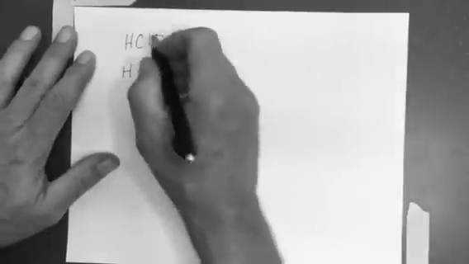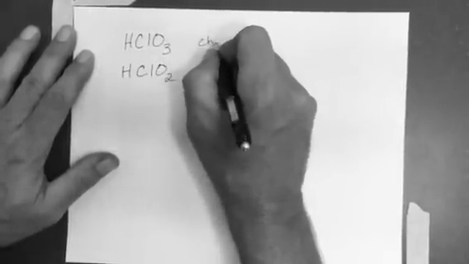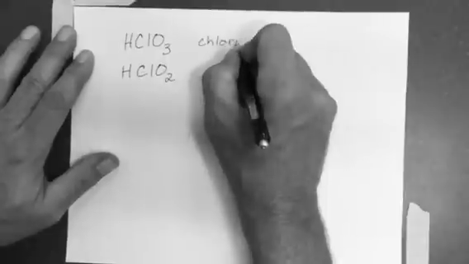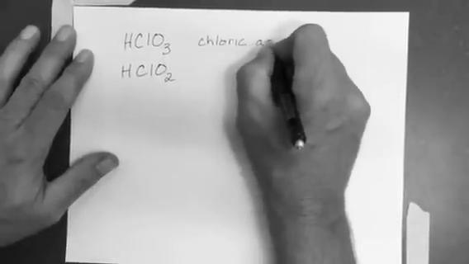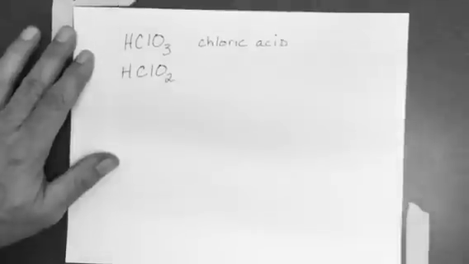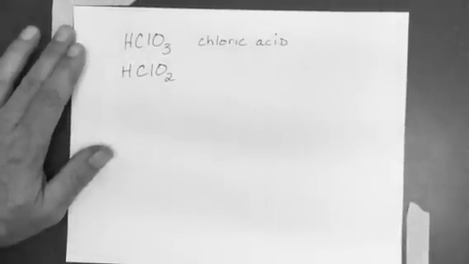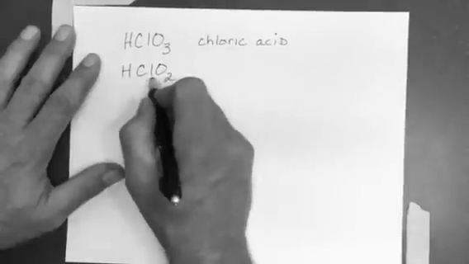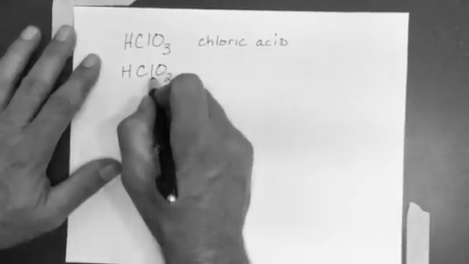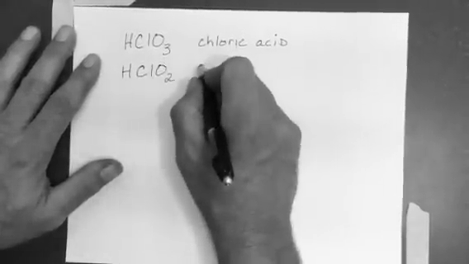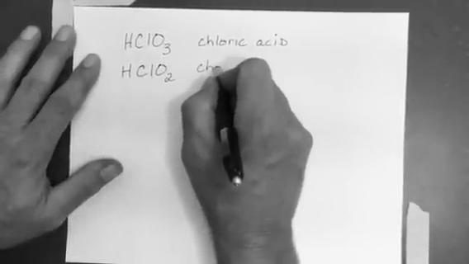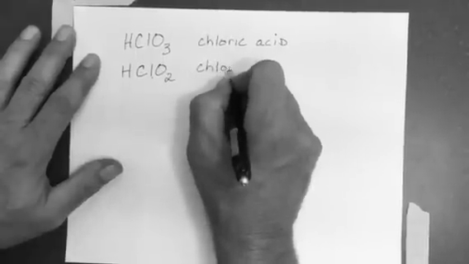All right, so you paused the video, you gave it a shot. This ion is called chlorate. So since that's called chlorate, the "ate" changes to "ic." So this is chloric acid, like so. All right, this ion is called chlorite. Since that's chlorite, the "ite" changes to "us."